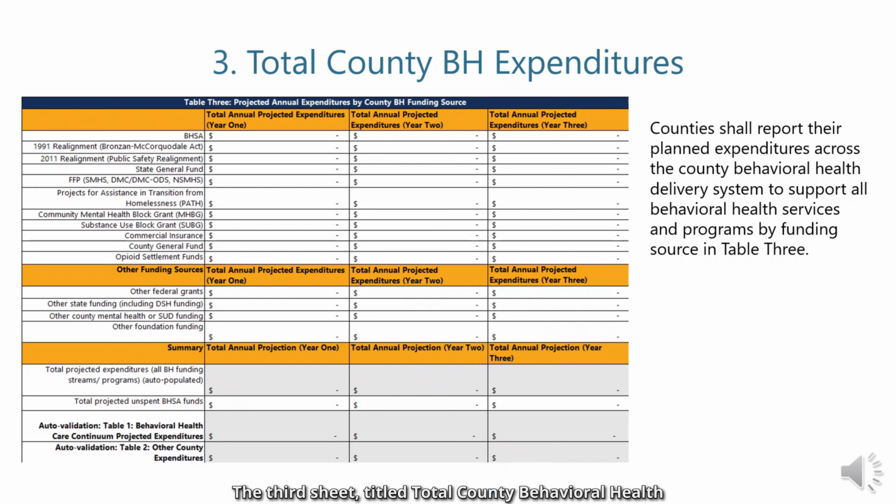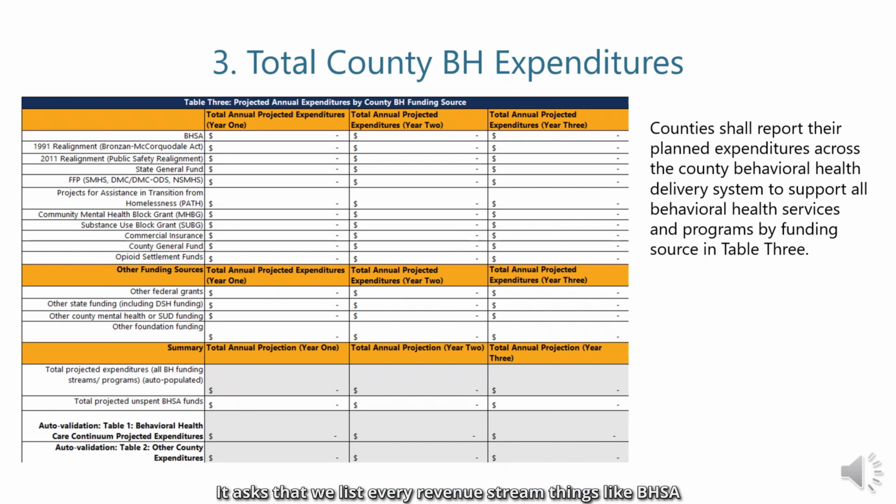The third sheet, titled Total County Behavioral Health Expenditures, is now reporting on the projected annual expenditures by county behavioral health funding sources. This sheet flips the lens from programs and service types to funding sources.